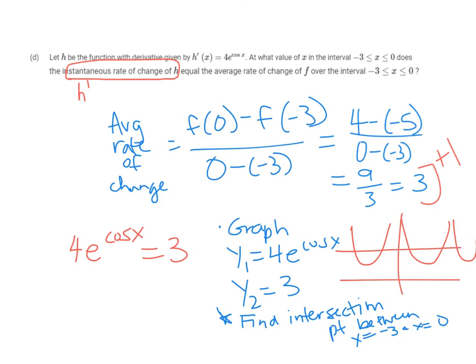If you draw everything right, you're going to want to be finding this intersection point right here. And for that, you need to find your x value. The y value should be 3 because that line is 3. So the x value that you should get for this is -1.863. So if you get that, you get the answer.